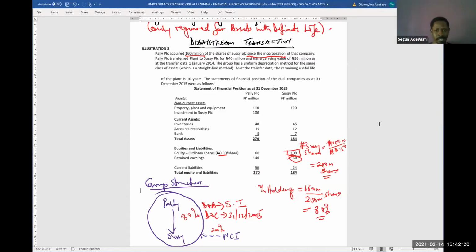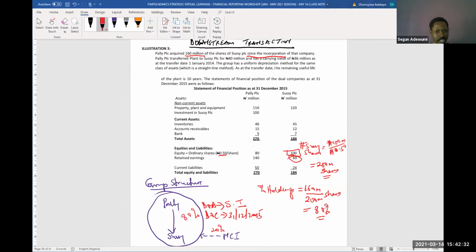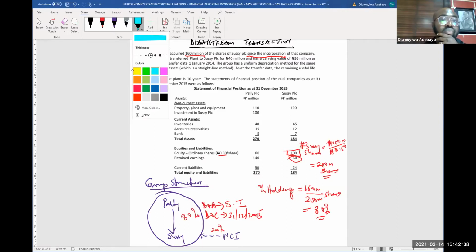I think since it's not mentioned in the question, because I can't see anywhere they mention pre-acquisition profits. Okay. And looking at the date of consolidation must be different from the date of acquisition, because the asset was transferred on 1st January 2014, and we are consolidating until 1st December 2015.